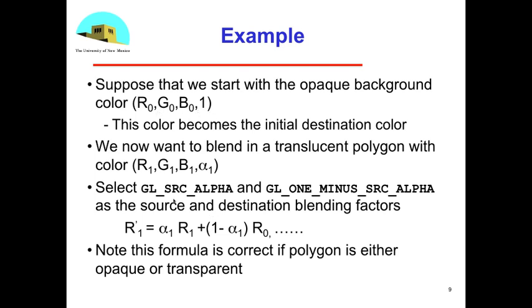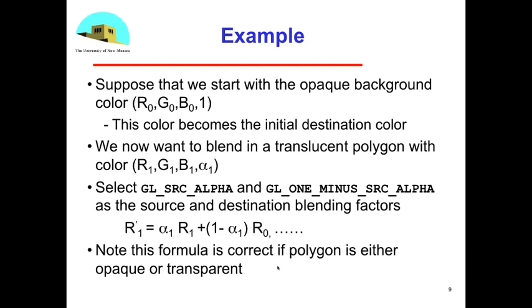And usually the first choice of factors would be to use source alpha for the source blending factor and 1 minus source alpha for the destination factor. Now, why do we do that? Well, if you use that, you'll get for the red, and this will be the same for red, green, and blue, and actually the alpha component, if you look at the red that you're actually going to put in there, it's the source alpha times red plus 1 minus the source alpha times the red that was already in there.